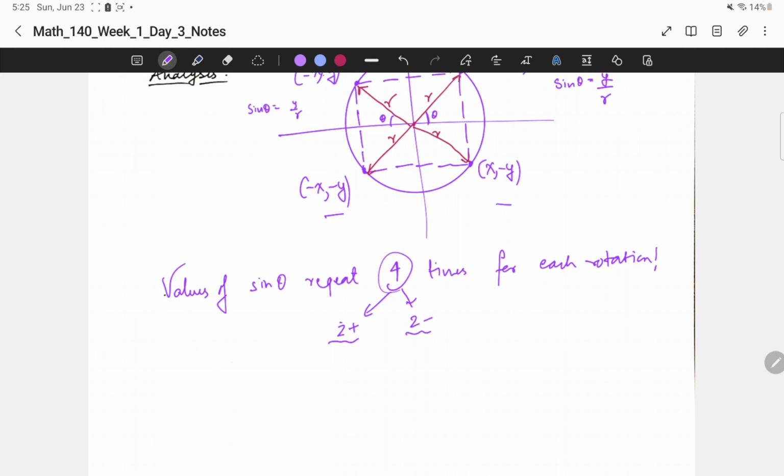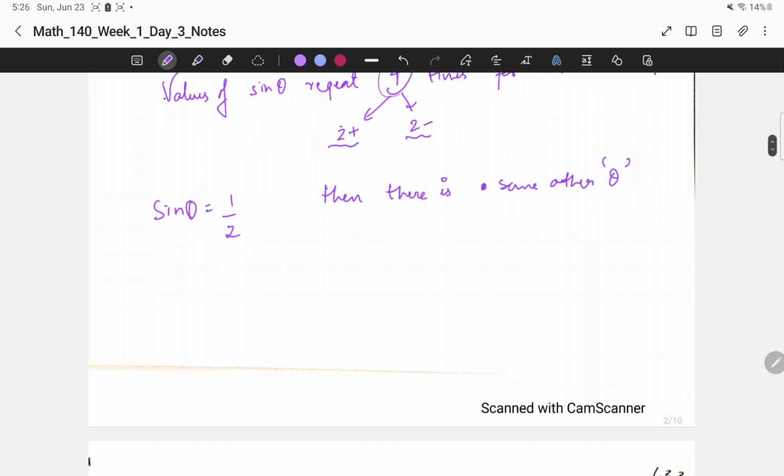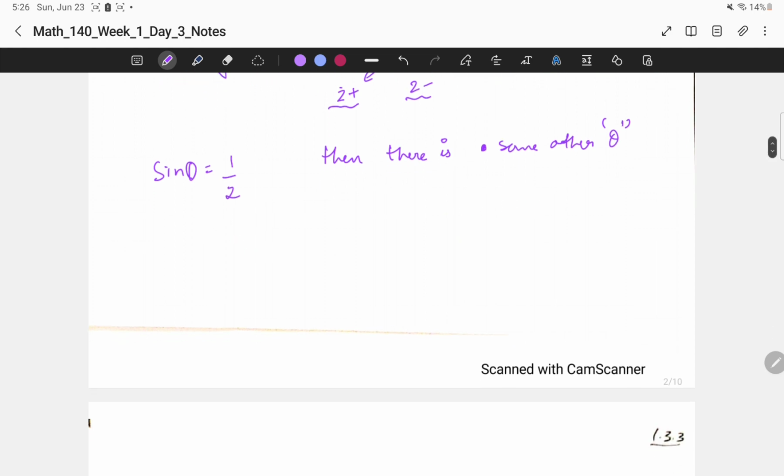Which means if you know that, for example, for some theta, sine theta is 1/2, then there is some other theta for which it is 1/2 and 2 other thetas for which it is negative 1/2. So any value of sine is going to repeat. If you just look at the value, it's going to repeat 4 times, but of that 2 times is going to be positive and 2 times is going to be negative.